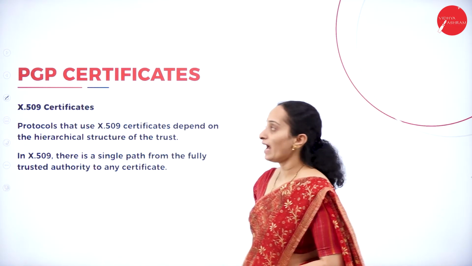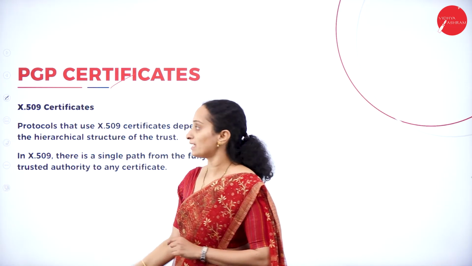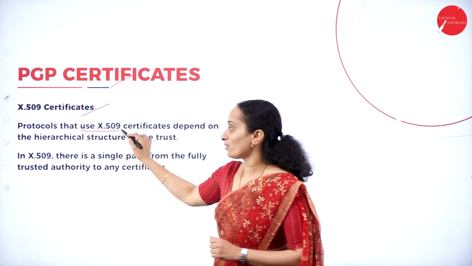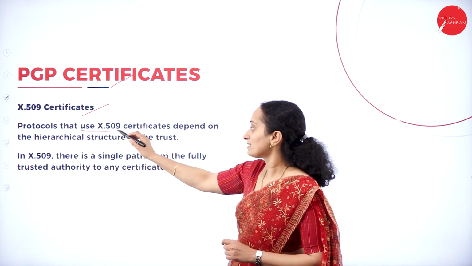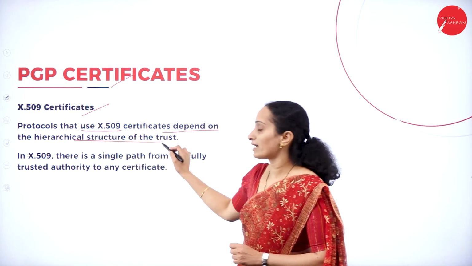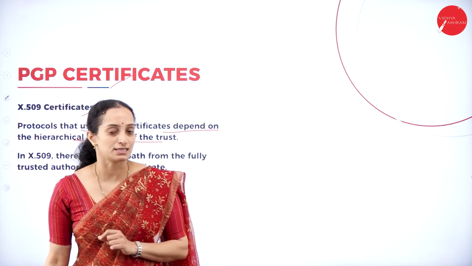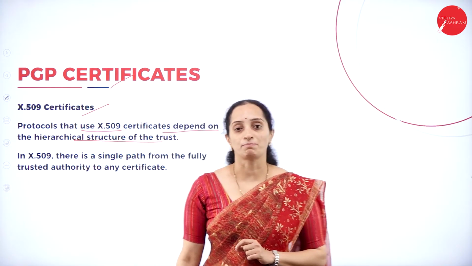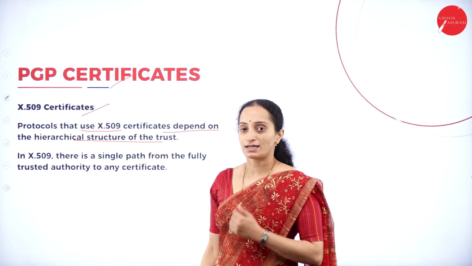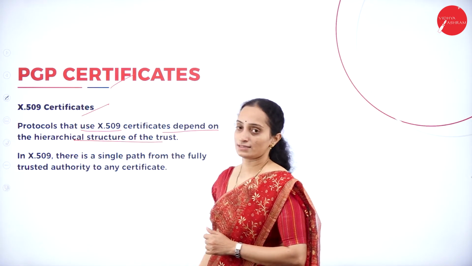Okay. Then we have the PGP certificates that are issued for the message. We have X509 certificates. Protocols that use these X509 certificates depend on the hierarchical structure of the trust center. We know about the trust center, isn't it? So it depends on the hierarchical structure of the trust centers, that is local, national and international trust centers.